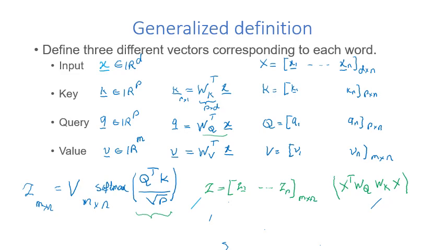So if I don't have these W's here, X transpose X is just a linear kernel over X, which shows the similarity between pairs in X. Also, if this WQ and WK are identical, again, that's going to be a kernel. But they're not identical, they're different. So it's not exactly like a kernel, because a kernel shows similarity between pairs.